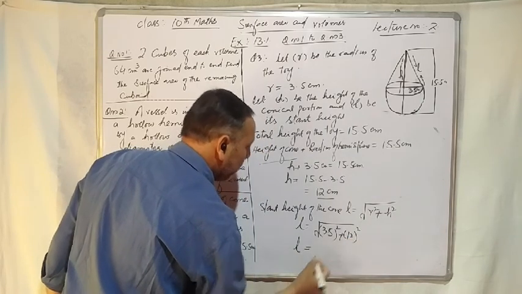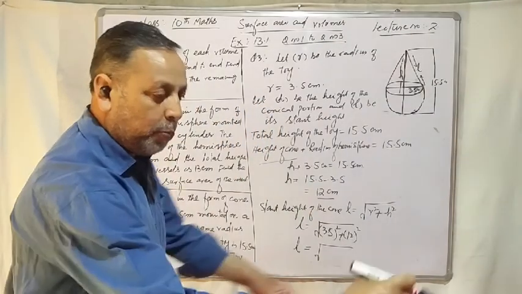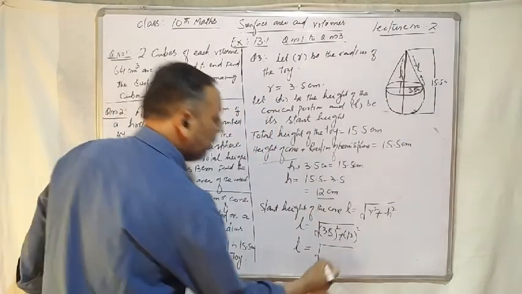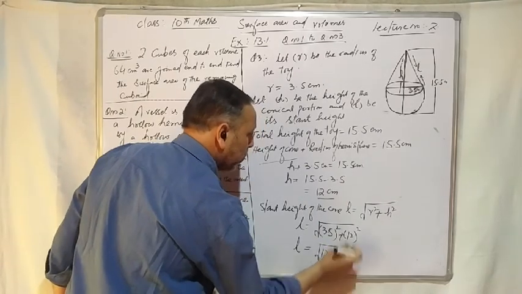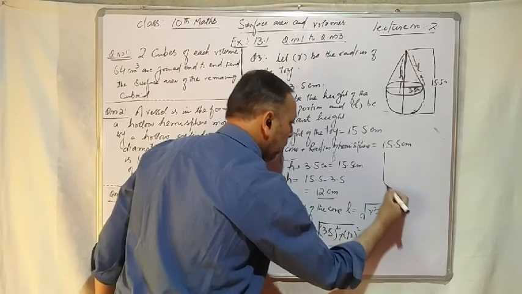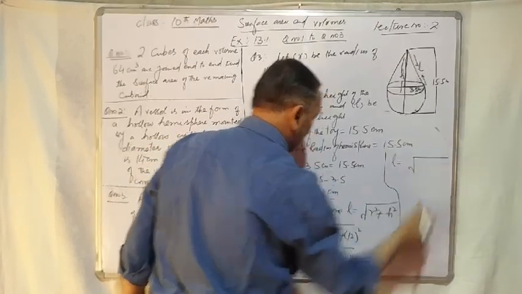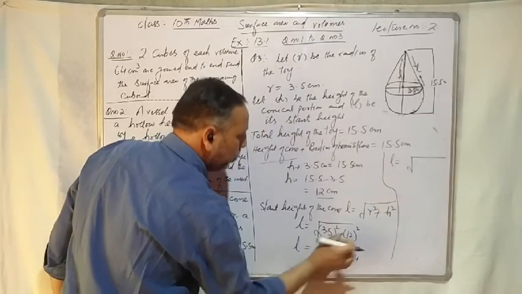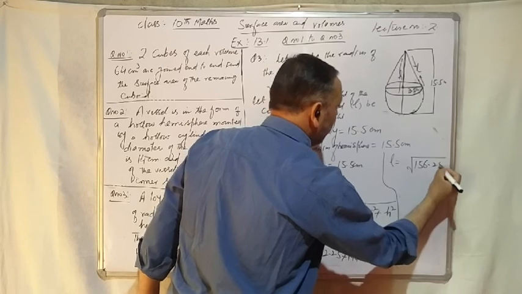So L will be equal to under root of 3.5 whole square, means 3.5 into 3.5, it means 12.25, plus 12 whole square, 12 into 12, 144. So L will be equal to square root of 12.25 plus 144, means 156.25.